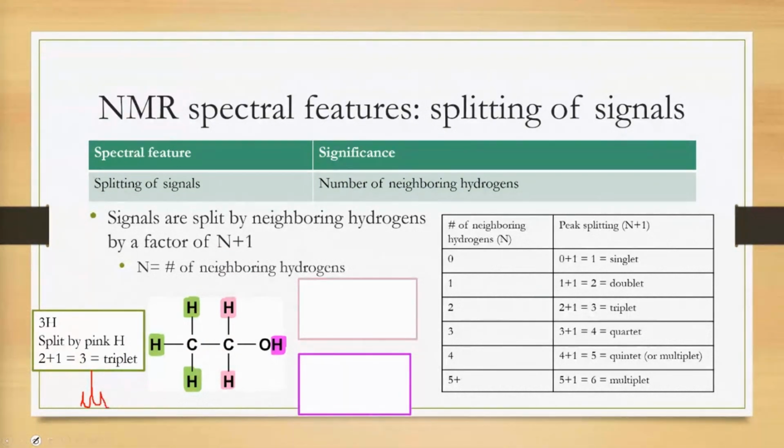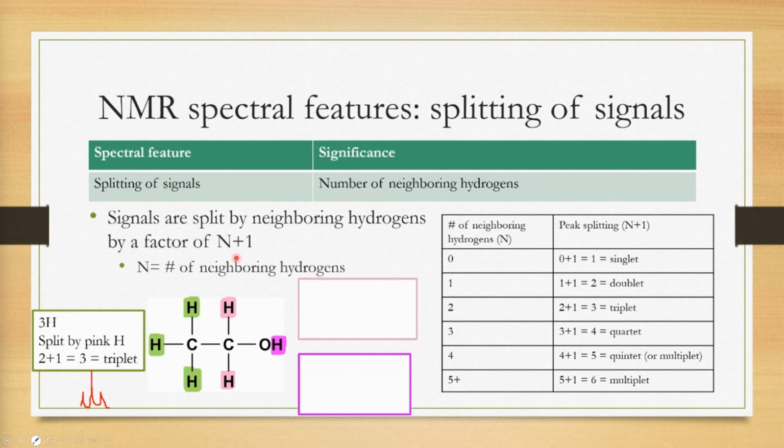I'm making it a little more dramatic here, where all 3 of these peaks correspond to these 3 hydrogens, but we have 3 different peaks within that signal, and that's because this signal is split by these 2, and we do the n+1 rule to give us a triplet. Let me go back to this table now before we do the rest.